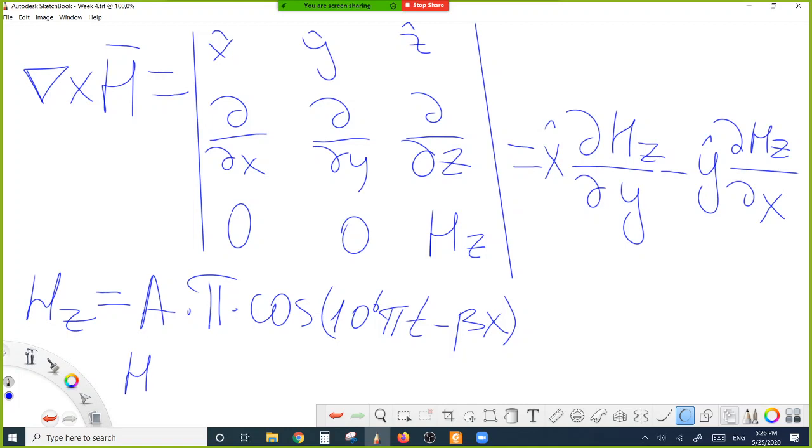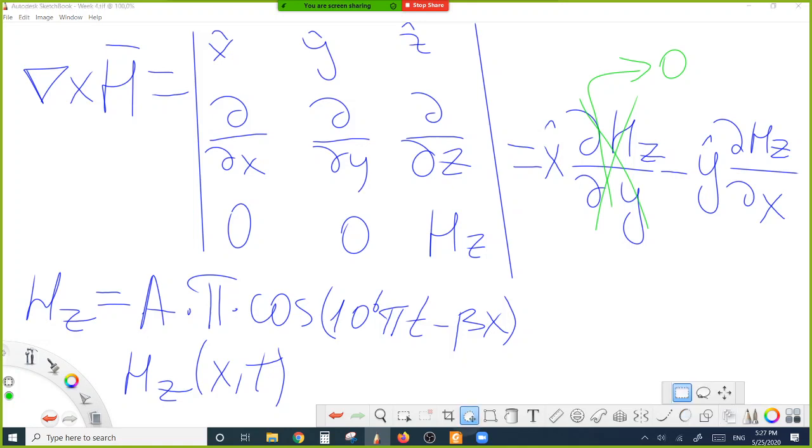Hz is a function of a, x, and t. That's why this term is 0: if Hz is a function of x and t, the derivative with respect to y will be 0.